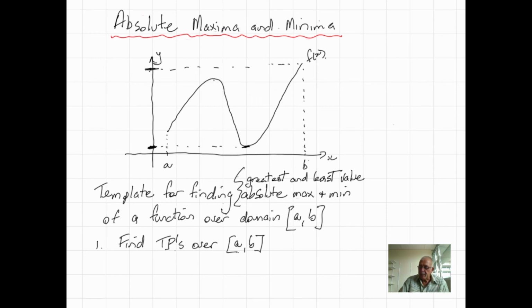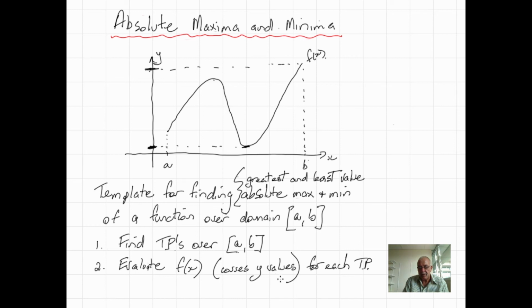Your second step of the template is to evaluate the function. That means find the corresponding y values for each of the turning points over the domain. In this case, that would give you that y value and that y value. So you've calculated those two.